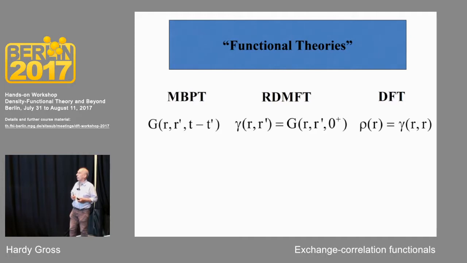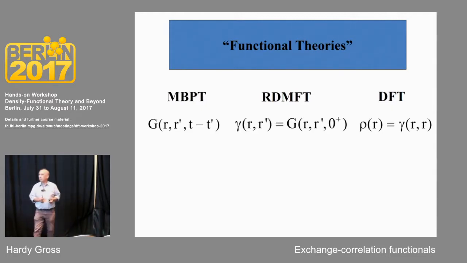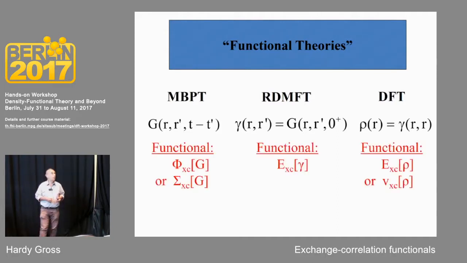This is normally called many-body theory or many-body perturbation theory, Feynman diagrammatics. But it's also a functional theory, if you think about it, because ultimately what you need is a functional, the so-called phi functional or the so-called self-energy as a functional of the Green's function. This is the input, this functional that you need.